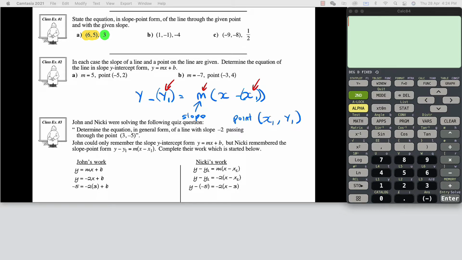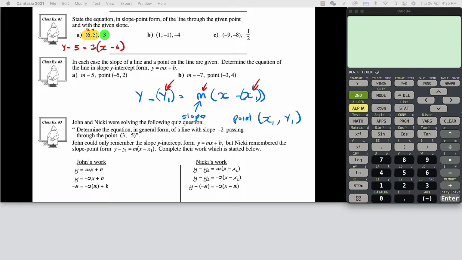If we label this as x and y so we don't make a mistake, it's going to be y minus 5 equals m, which is 3, times x minus x1, which is 6, and that's it. We're all done. It's as easy as that.